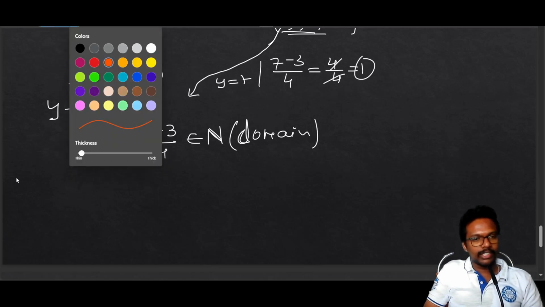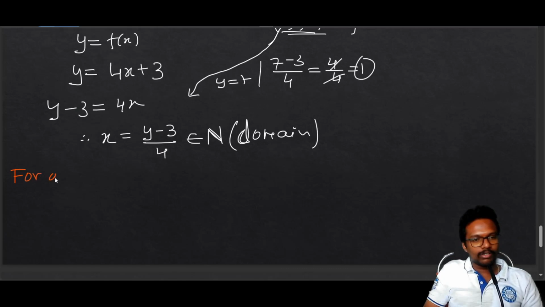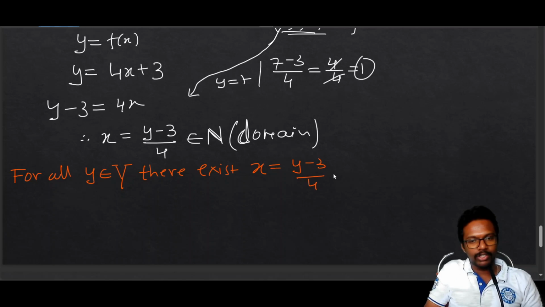For all y belongs to capital Y, this is the codomain, there exists x, we got x looking like y minus 3 divided by 4, which also belongs to domain N, such that f of x, in the place of x we now have y minus 3 divided by 4, f of x equals y.